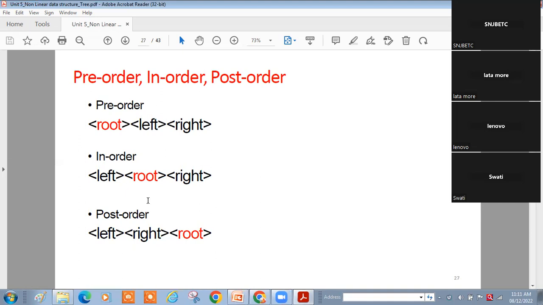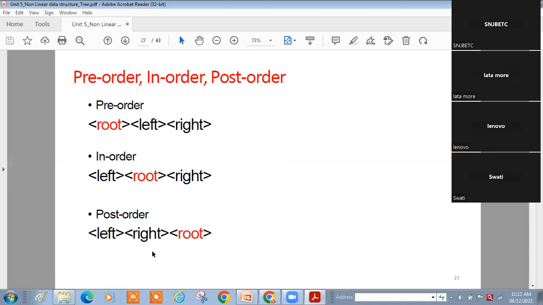Post means after, at the back: left, right, and then root. Depending on the position of the root, I am giving the names pre-order, in-order, and post-order.